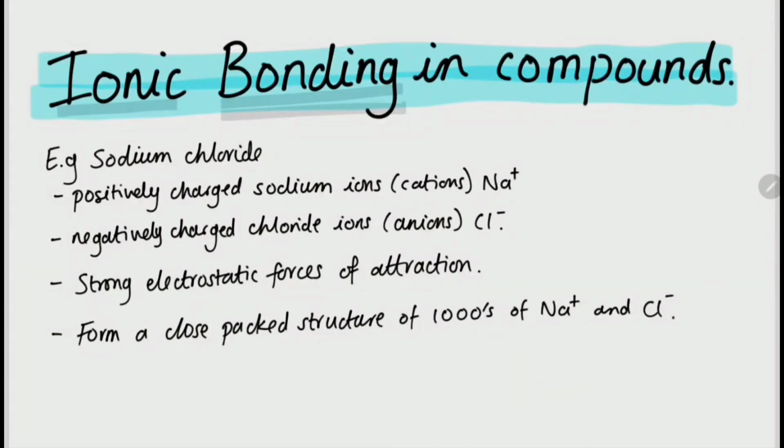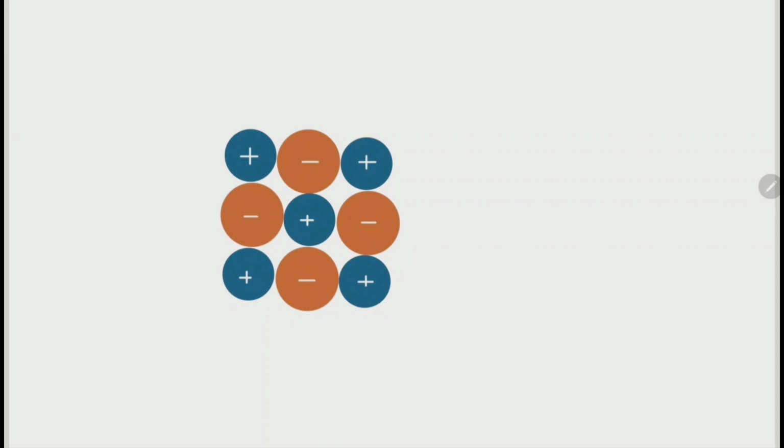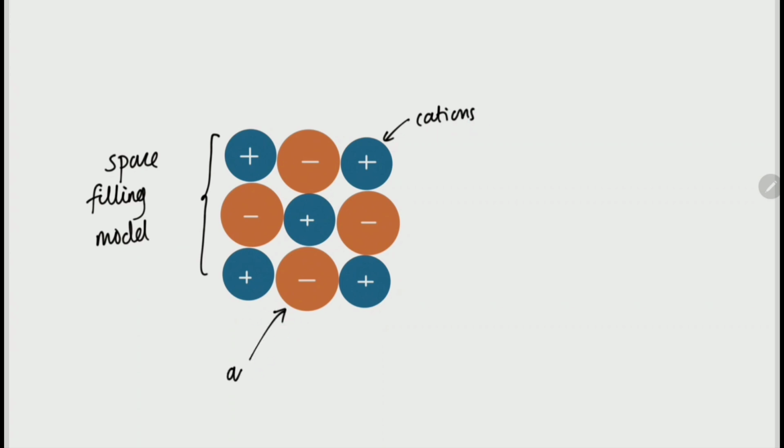So all of the ions will be interconnected to each other, and we can represent the structure of ionic compounds in different ways. One way is like this, and this is known as the space filling model. So here, this model shows how close the ions are to each other and how strong the electrostatic forces are.